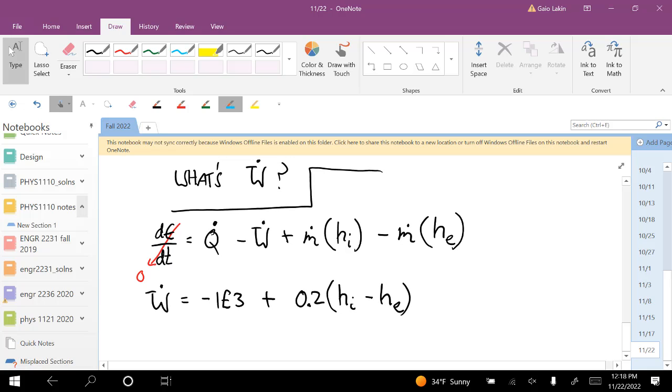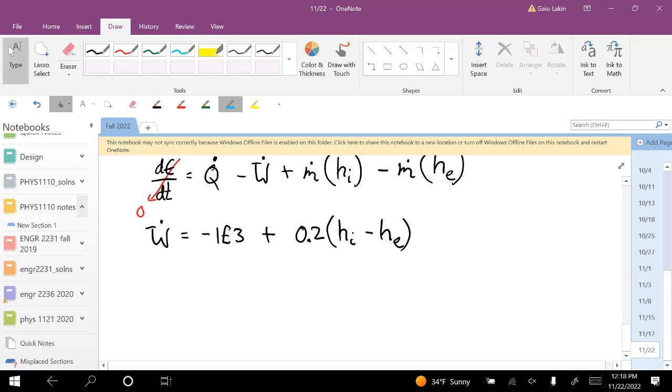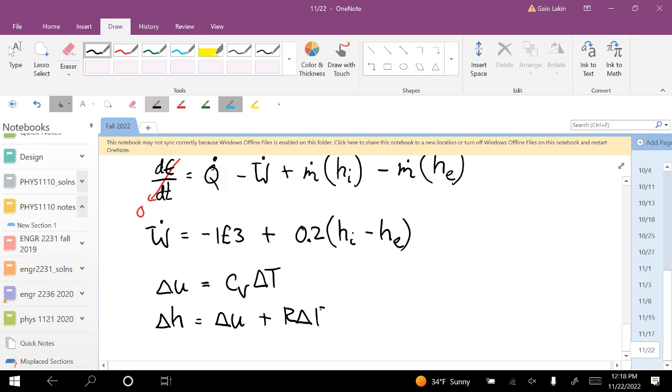This is an ideal gas. It says to treat it as an ideal gas, so we know that the change in specific internal energy is Cv times the change in temperature. And then the change in enthalpy is the change in specific internal energy plus R times the change in temperature.